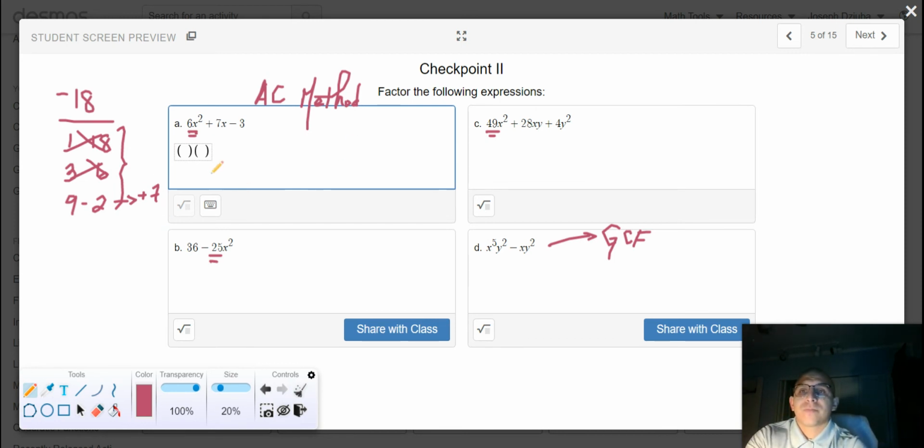So before we can factor, I'm going to rewrite my expression up here. Say 6x squared plus 9x minus 2x, based on the factors I've selected, minus 3. All right.